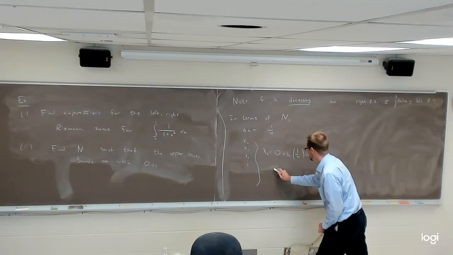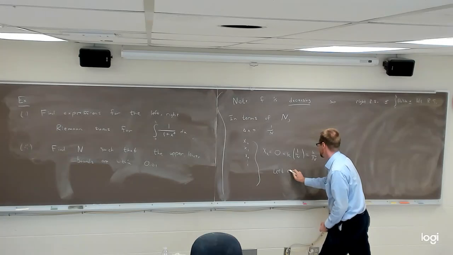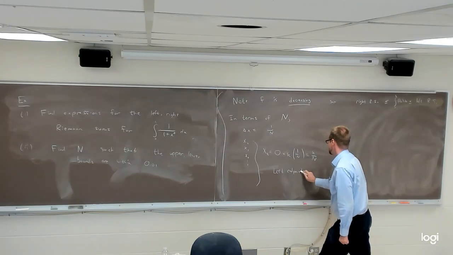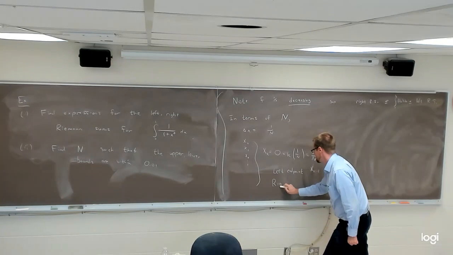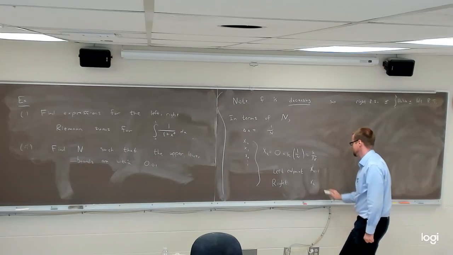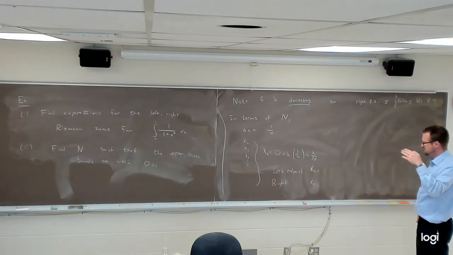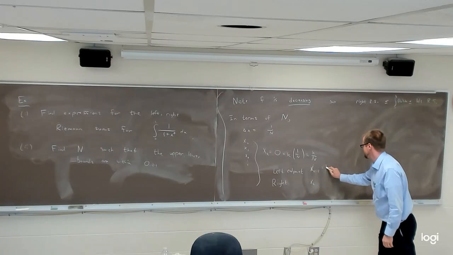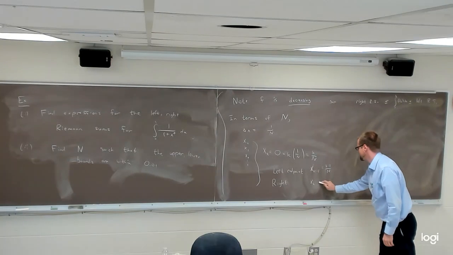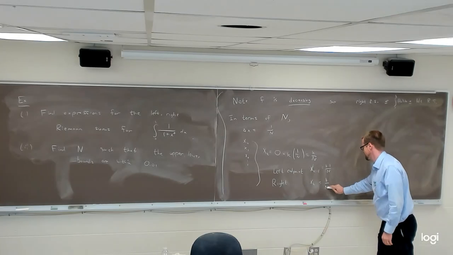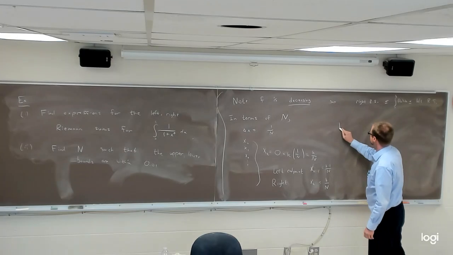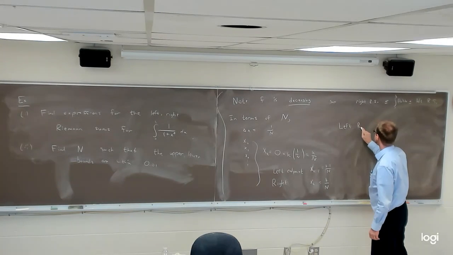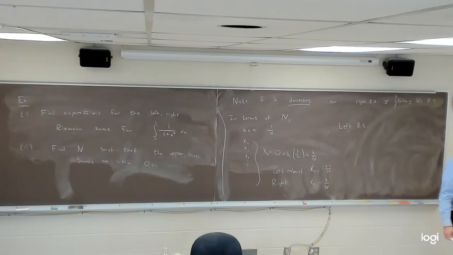So on each interval, my left endpoint is xk minus 1, and my right endpoint is xk. Think about my intervals as going from xk minus 1 to xk. So my left Riemann sum, I'm adding up my function at all of these left endpoints, and then times delta x.